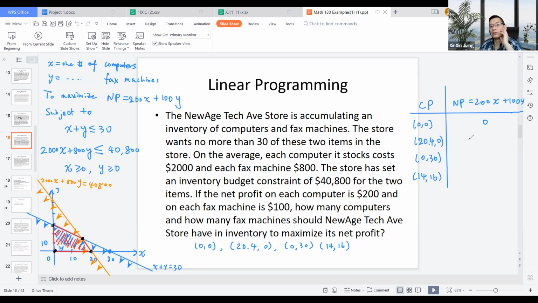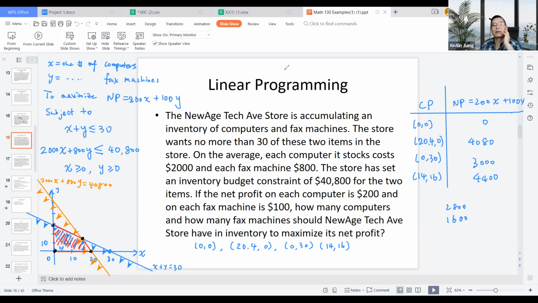And then you have 4080, right? 200 times 20, maybe 400 or 4,000. And then we have a 3,000. And then we have what is that? 2800 plus 16 times 16. So you have 4400.